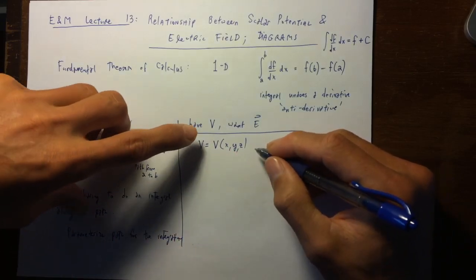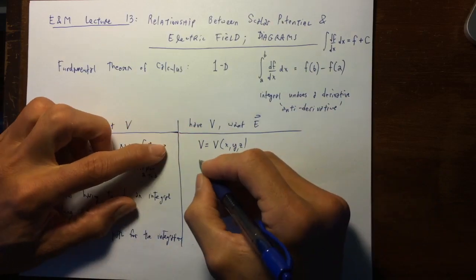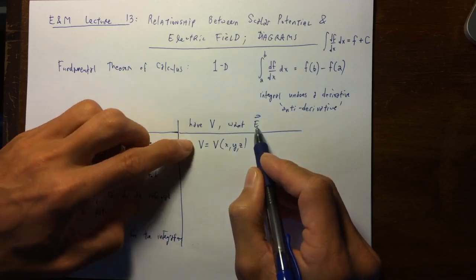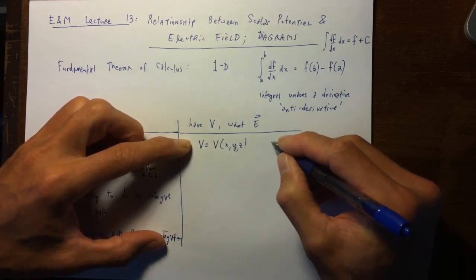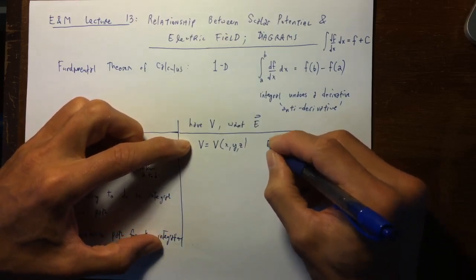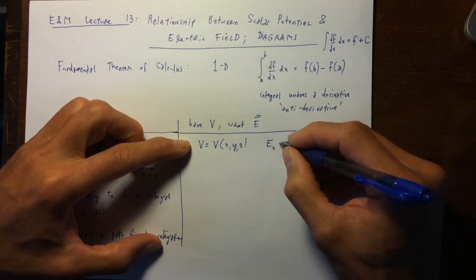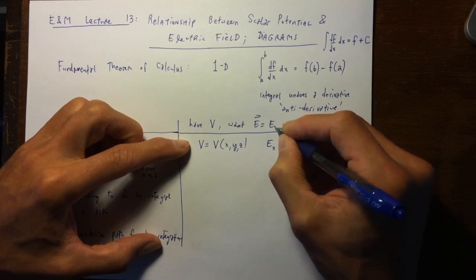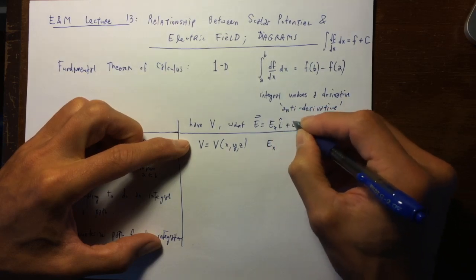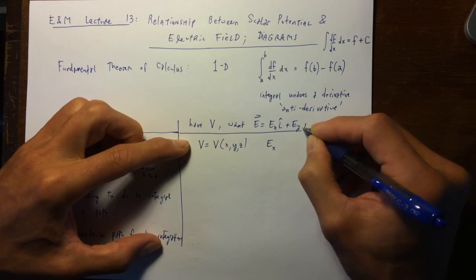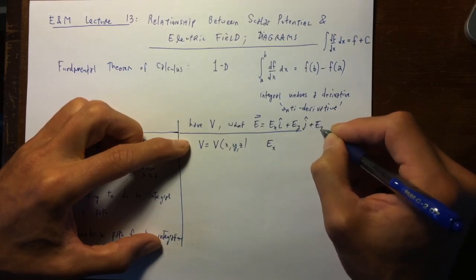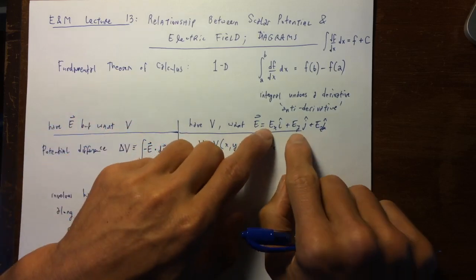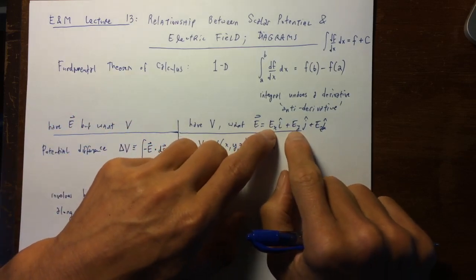Once you have this, you can immediately write down the electric field vector, but it's actually given in components. So this is Ex i hat plus Ey j hat plus Ez k hat, where Ex, Ey, and Ez are also possibly functions of space themselves.